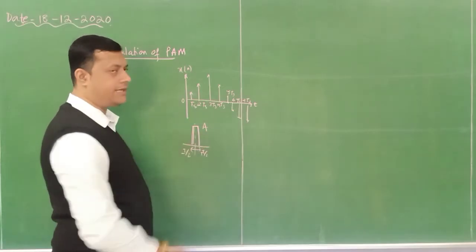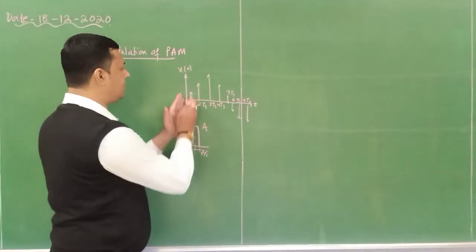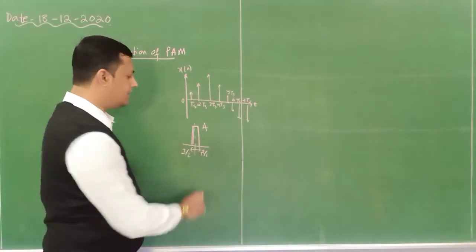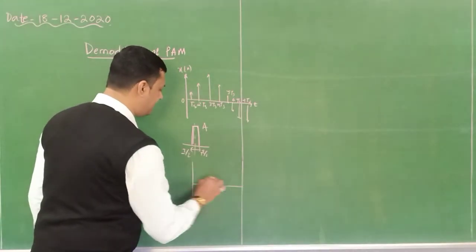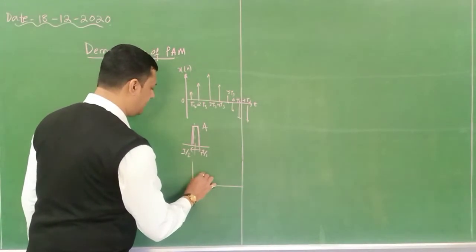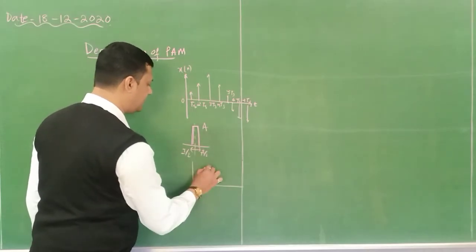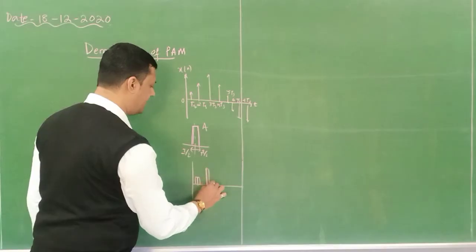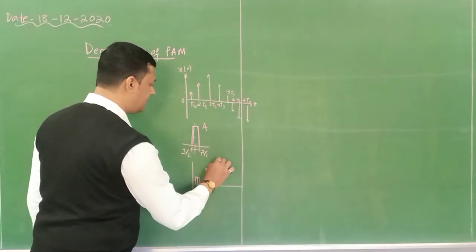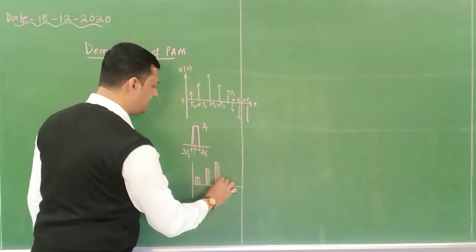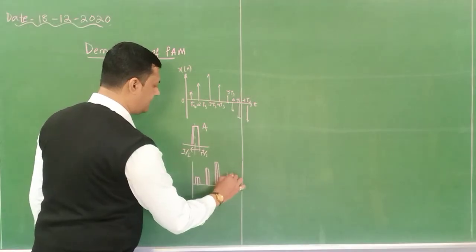Now this pulse, whose top is flat with a constant amplitude, when you multiply it at each and every position, the resultant you will get is this. This is the first sample, so the pulse is here. This is the second sample, the pulse is here. Okay, this is the third sample, the pulse is multiplied at this position. Then this is another sample which is going down.